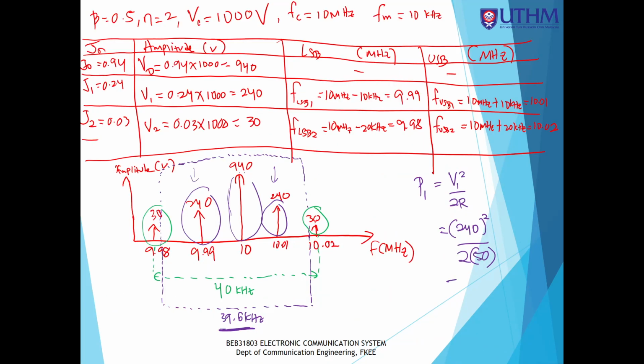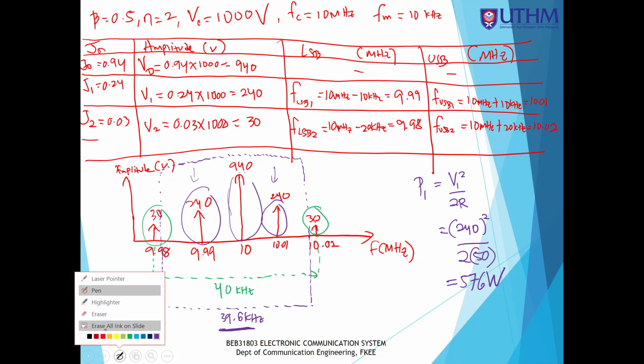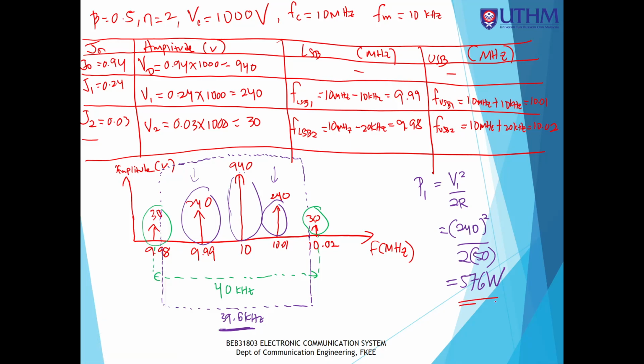So 240 square divided by 100, we get 576 watt. So this is the power of the smallest sideband in 99% of the bandwidth.